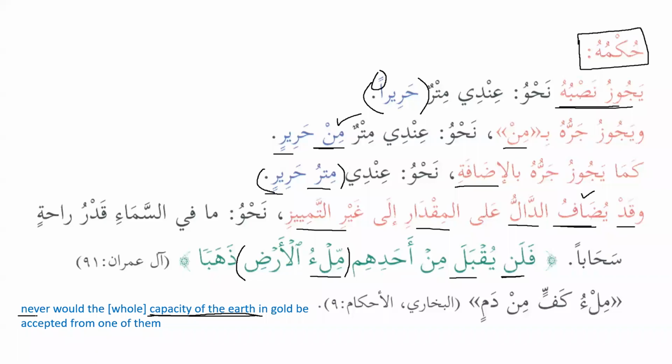And then we have the hadith, which is mil'u kafin min damin, and it has a similar meaning, that even if it is a handful of blood, it will not be accepted. Mil'u kafin. Kaf is basically the palm of the hand, including the fingers.